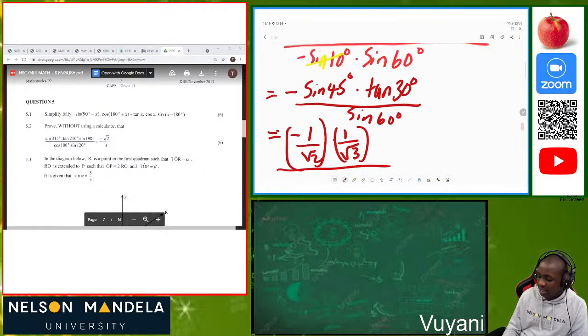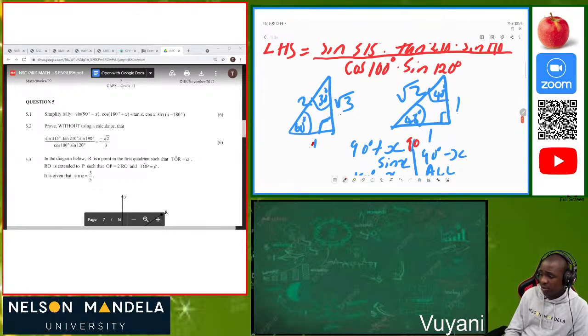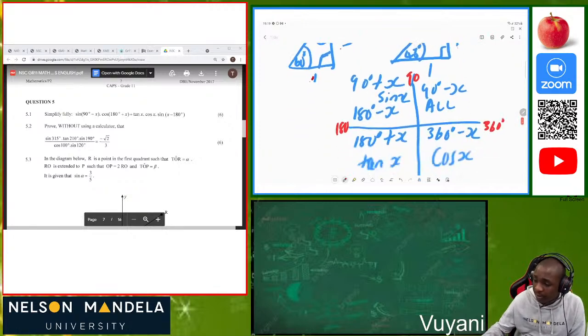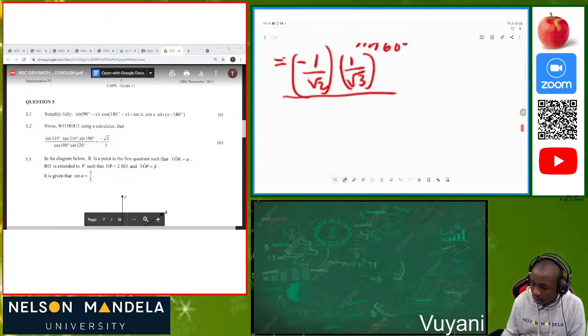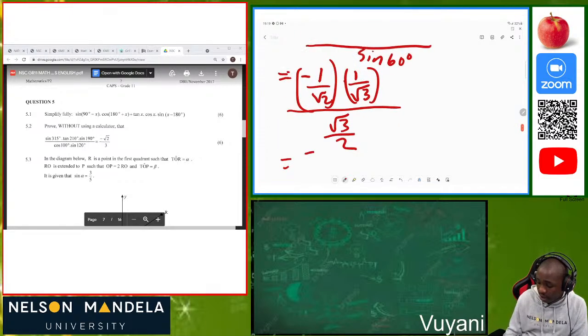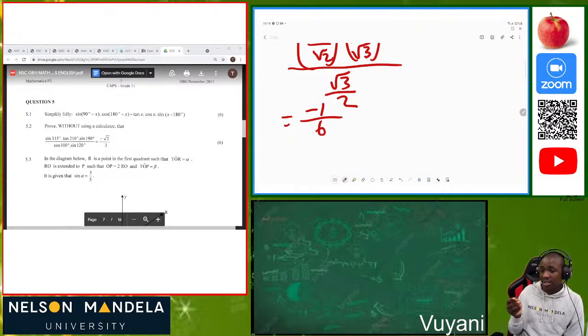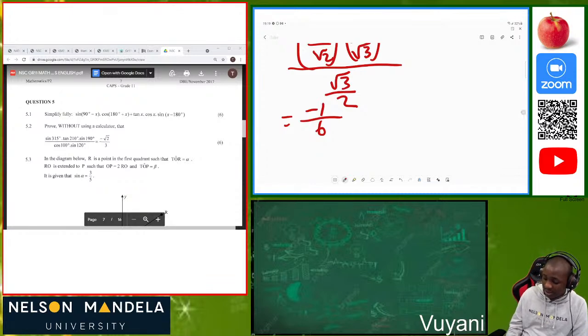Then sine of 60 degrees. We come back again to our special triangle. Sine of 60 degrees is root 3 over 2. Now let's go. Negative 1 over root 2 times root 3 is going to be 6, because root and root cancel each other, then we'll be left with 2 times 3, so 6 there.